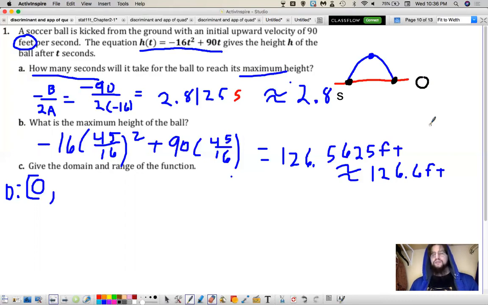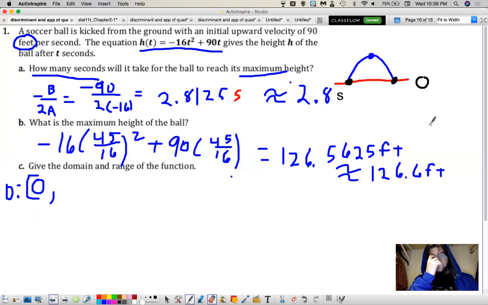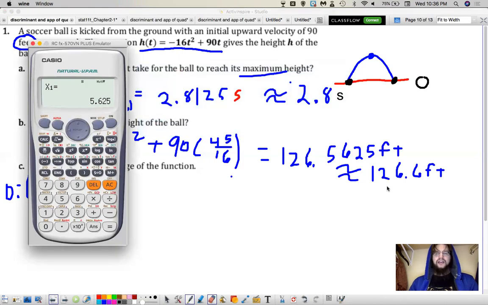Because it doesn't tell us anything else. I mean, the problem could actually specify 30 feet below sea level or something. Then we'd say negative 30 would be our ground level. This one does not. So we'll go ground is 0. So this is 126.6 feet off of the ground, however high the ground might be. So our intercepts, if we look at them, we get 0 and 5.625.